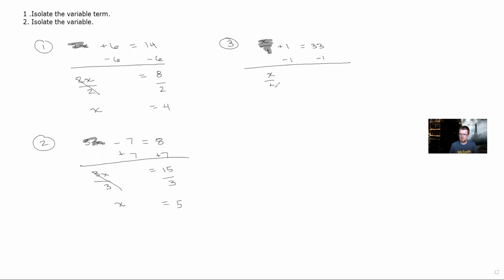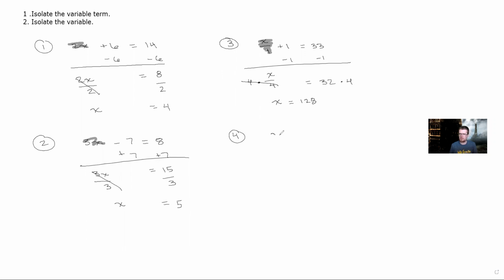That gives me x over 4 equals 32. Now I want the variable by itself. So because this is dividing by 4, I'm going to multiply by 4 on both sides. That gives me 32 times 4, which is 128.